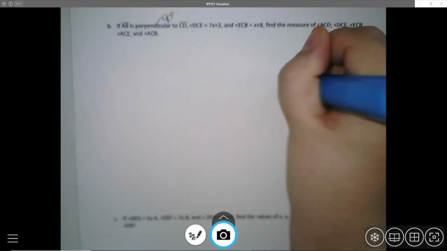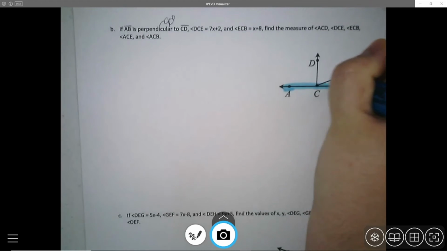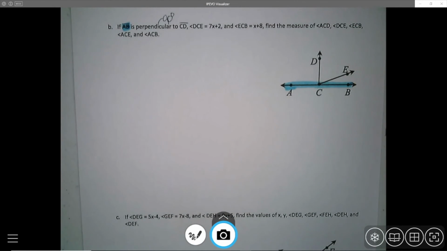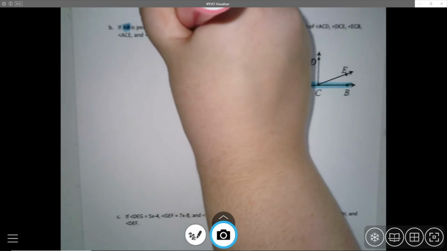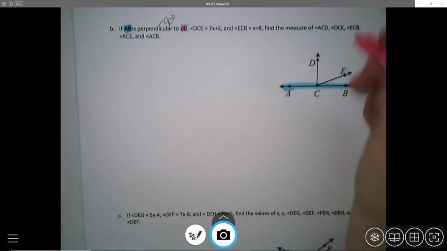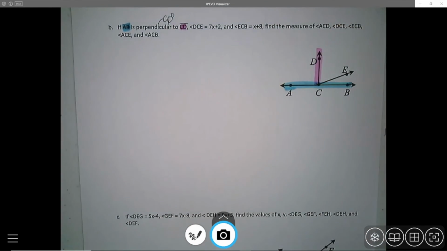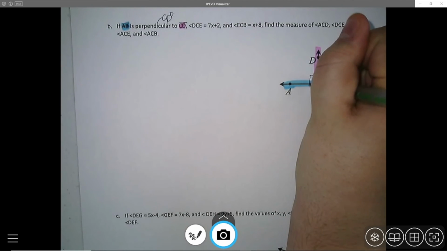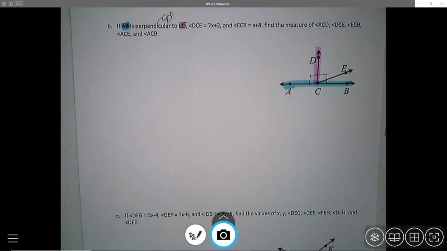So if AB, I'm going to highlight that in blue, is perpendicular to CD. Okay, everywhere in that blue and the pink, I need to put a 90-degree angle or the box to represent 90 degrees.